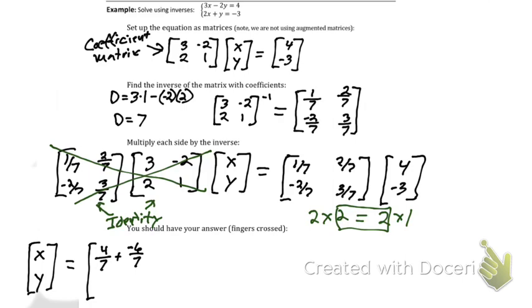On our bottom, we'll have negative 2 over 7 times 4, which would be a negative 8 over 7, plus that 3 over 7 times a negative 3, so plus a negative 9 over 7, which is just going to equal 4 minus 6, which is negative 2 over 7. And then negative 8 minus 9 is going to be a negative 17 over 7.